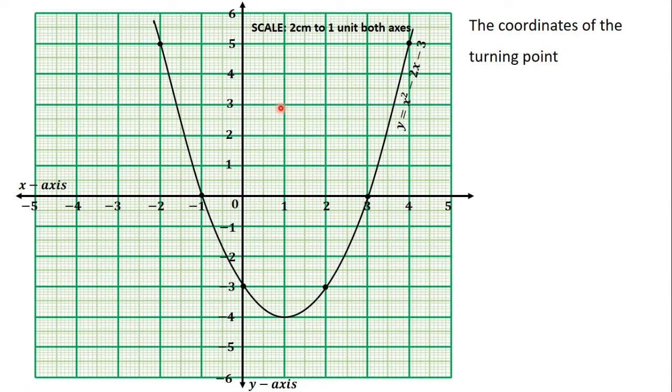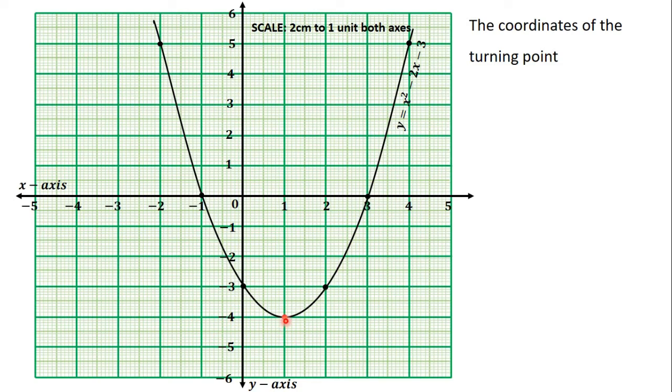In the previous video, we learned that in order to find the coordinates of the turning point, you first have to locate the point on the graph where the curve turns. We can see that the curve starts from here and it moves downwards until it gets to this point where it changes direction and starts moving upwards. So we can see that the curve turns at this point.